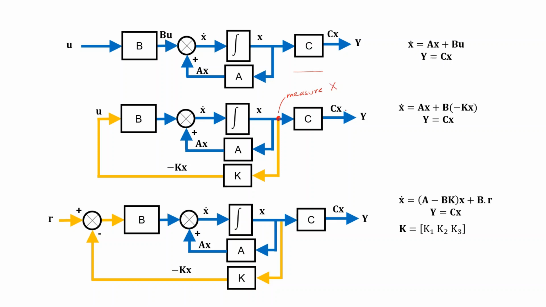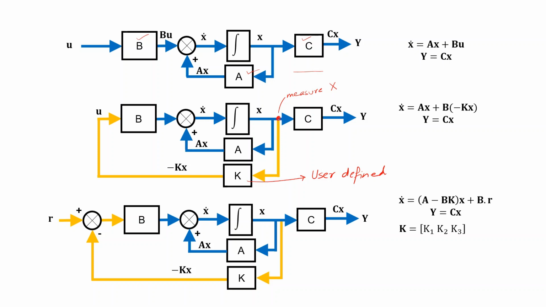So take the value of x out of the system and then multiply it by a matrix K. This is the matrix which we will decide. This is not corresponding to the system. These matrices are specific to the system, but this matrix is what we will decide. So this is user defined, you can say.